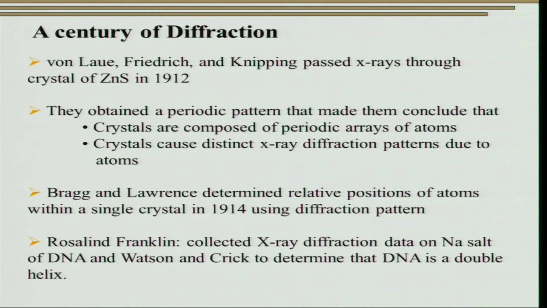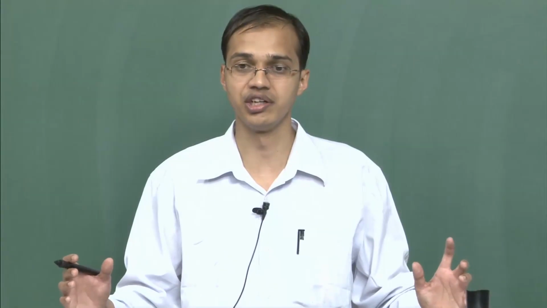Bragg and Lawrence determined relative positions of atoms within a single crystal in 1914 using X-ray diffraction. For this, the Bragg father-son duo also won a Nobel Prize. It was much later that diffraction was used to decipher the structure of DNA, and the very famous double helix structure of DNA was deciphered firstly using X-ray diffraction.